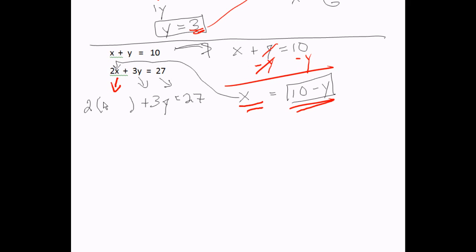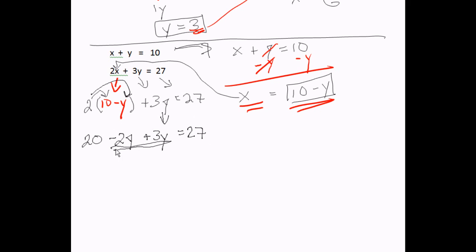So in the x spot, I'm substituting 10 minus y for the x. And then I'm going to go through the distribution process. 2 times 10 is 20. 2 times a negative y is a negative 2y. Bring down everything else, plus 3y equals 27.